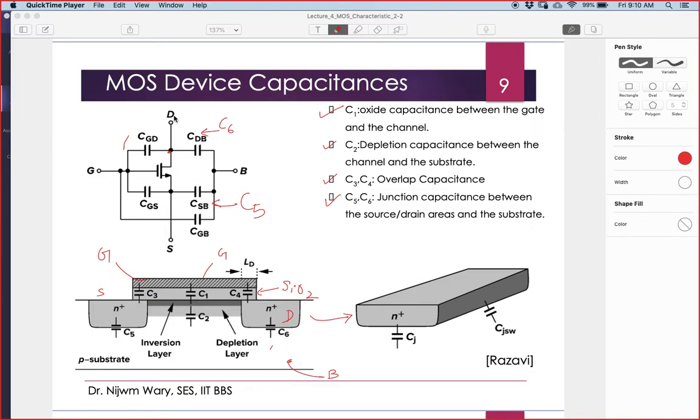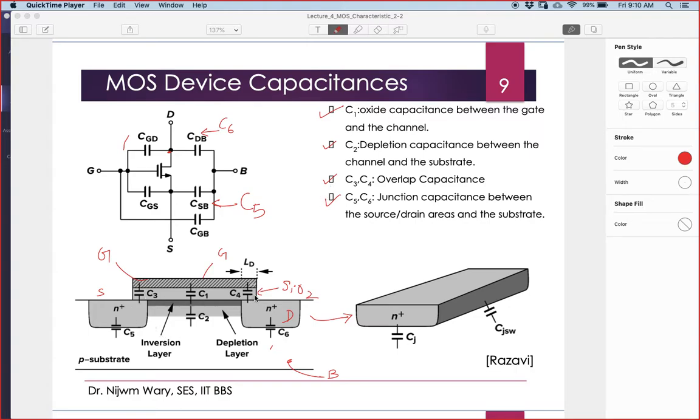So these are the different kinds of parasitic capacitance that exist in a MOS, and this is a categorization of the different kinds of capacitance.